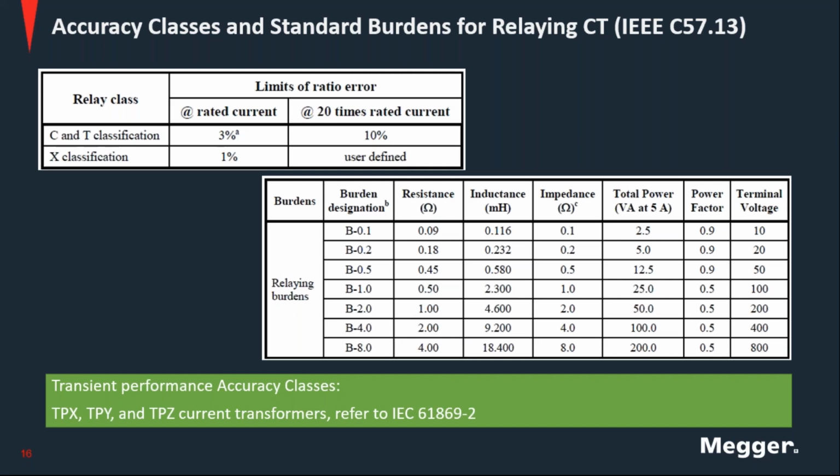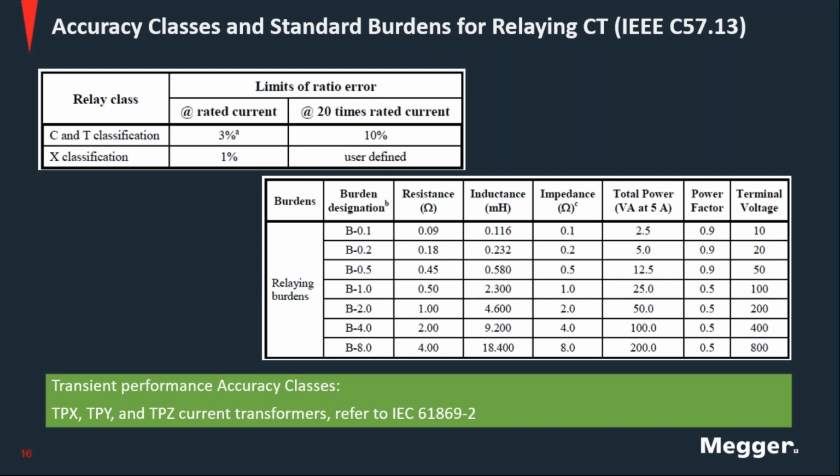And well, there's one additional classification, the X, which needs to be defined by the user. These are special application CTs, and I think they're used for transient conditions and all of that.